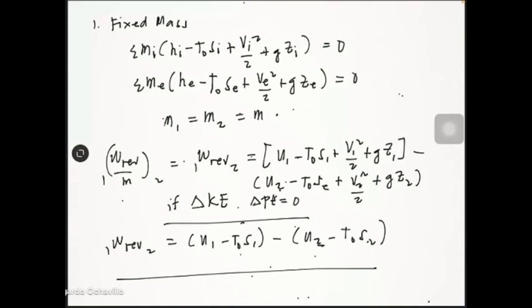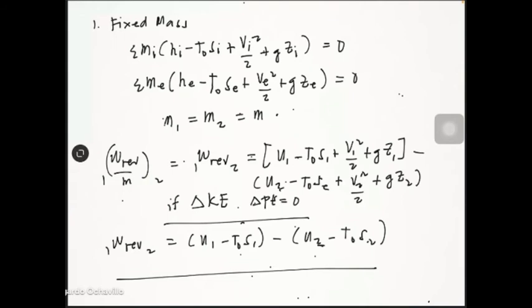For the fixed mass, we have this irreversibility. So here we have this summation of mass that is leaving, this quantity here, SE. So this is equal to 0, right?